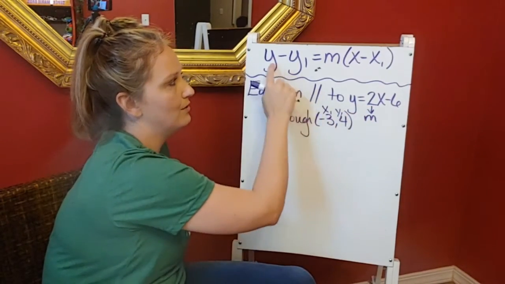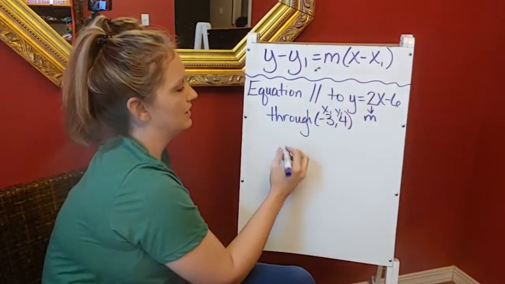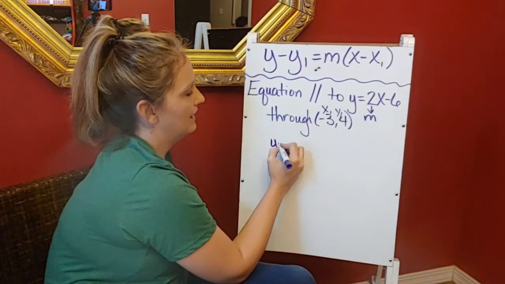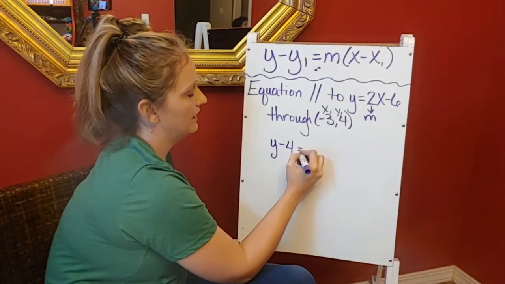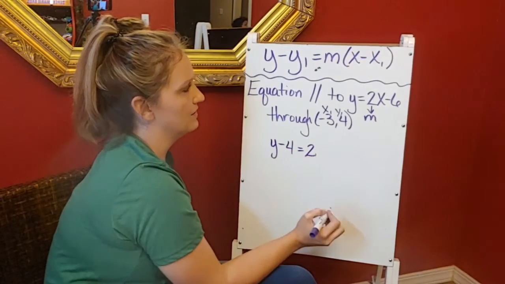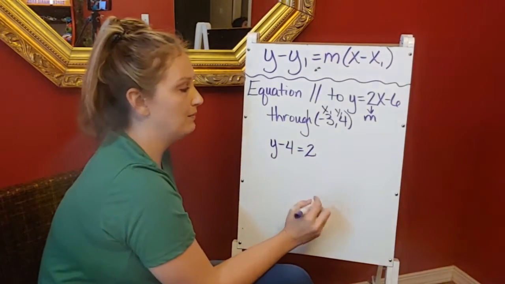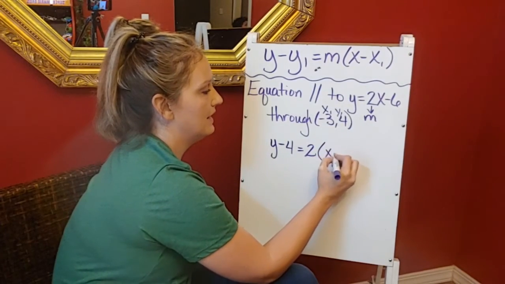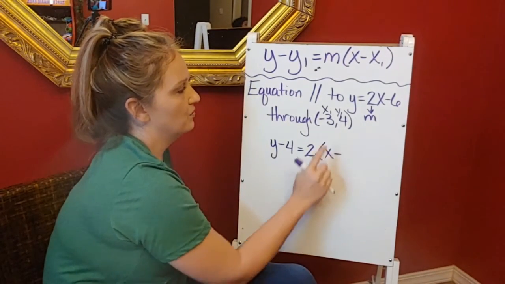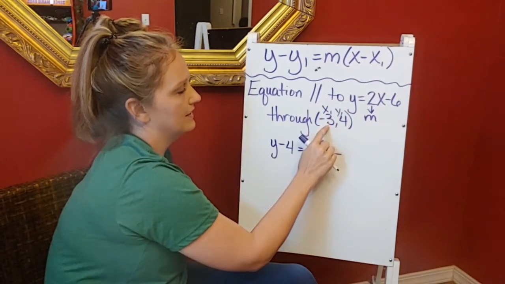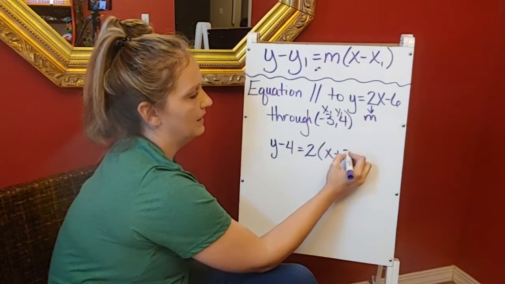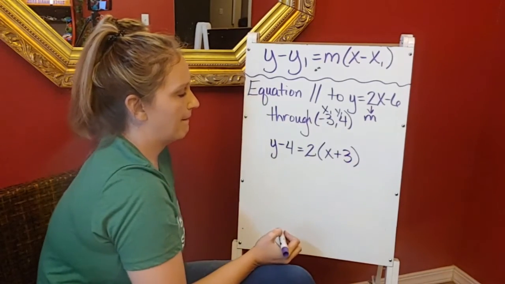Here's my x1, y1, and I'm going to plug it into this equation up here. y minus y1, so y1 is 4, equals m, I'm using the slope of 2 because I want them to be parallel, times x minus x1. So x minus x1, x1 is a negative 3, so it makes it a positive 3.